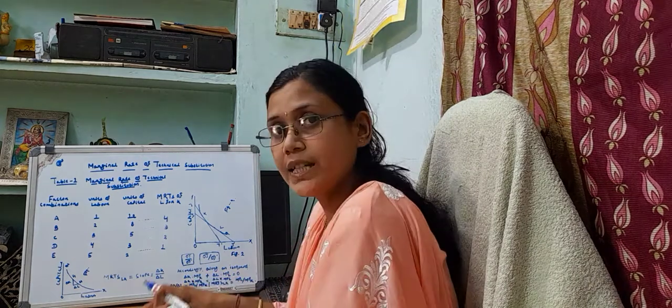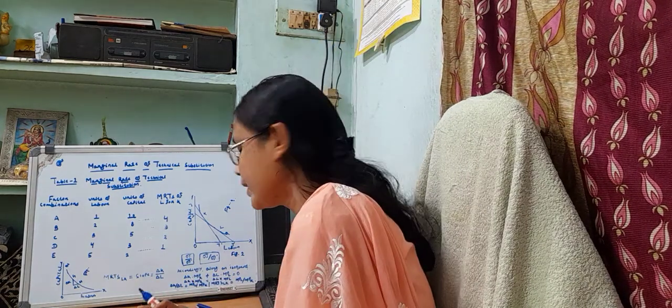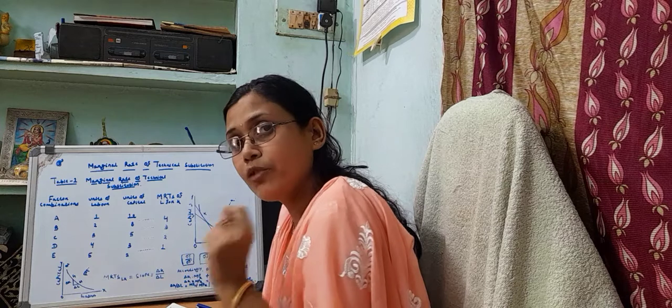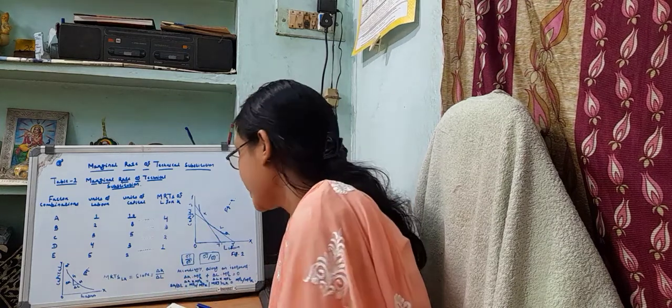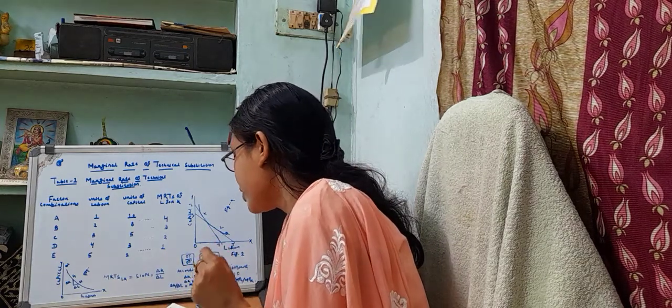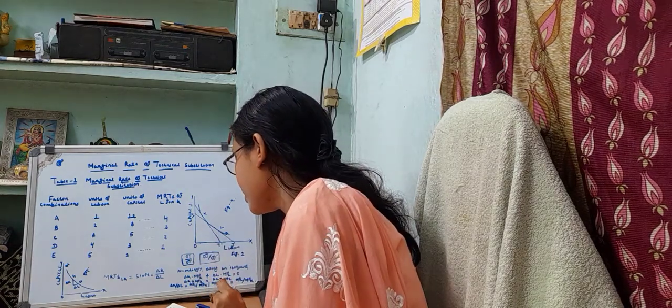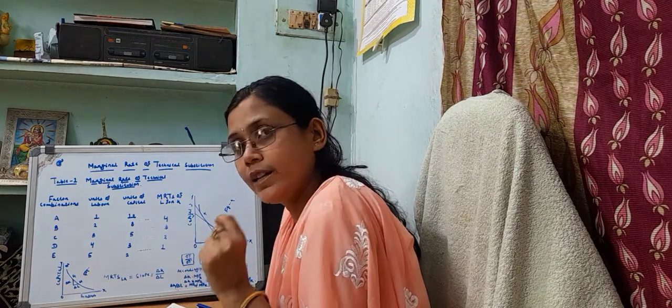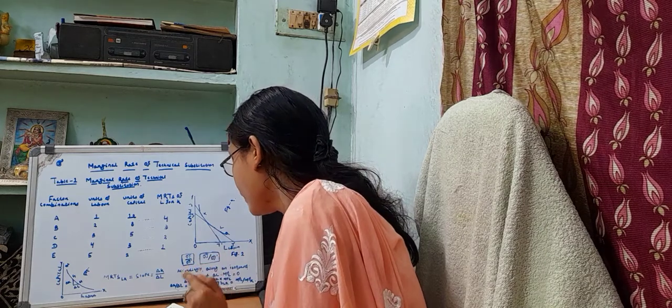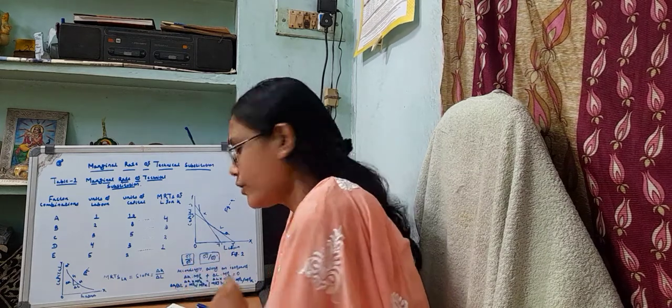Diminishing marginal rate of technical substitution. What do you mean by diminishing marginal rate of technical substitution? An important characteristic of the marginal rate of technical substitution is that it diminishes as more and more labor is substituted for capital.